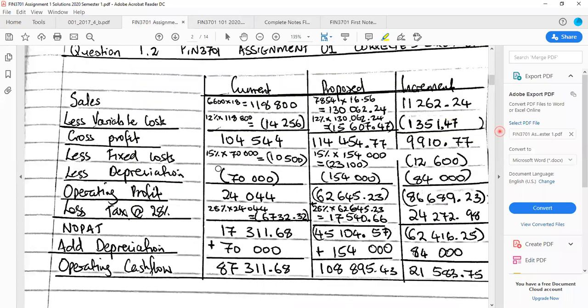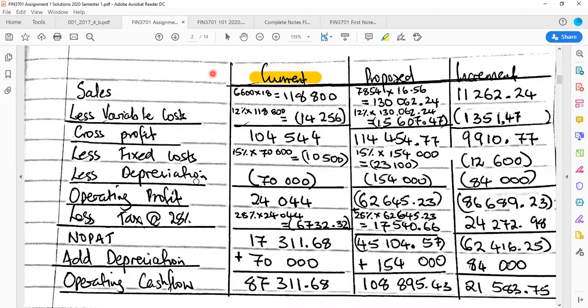You'll notice what I did for my template. I created a column to calculate the operating cash flow for the current machine, and then I also put in a column and did the calculation for the proposed machine. And then I got the increment.